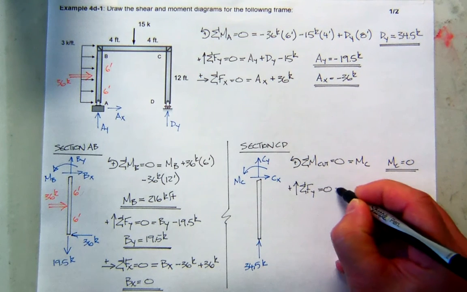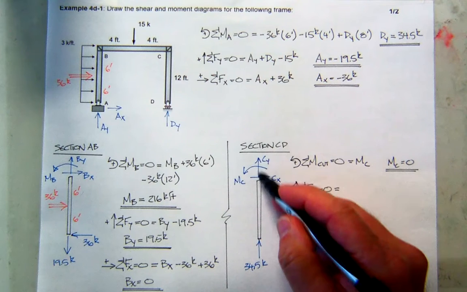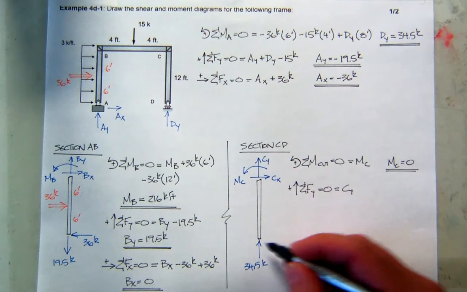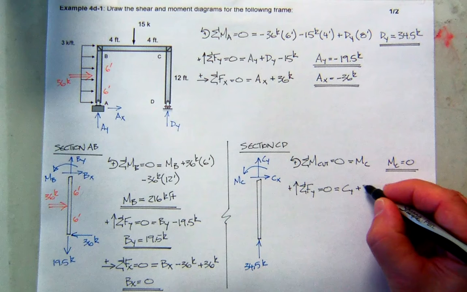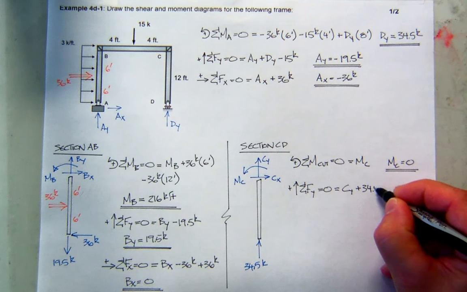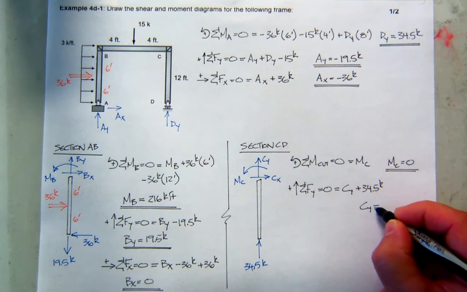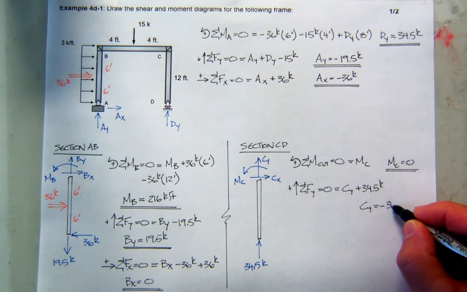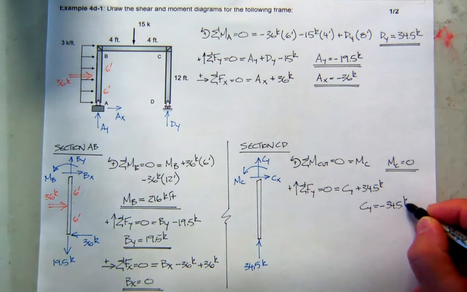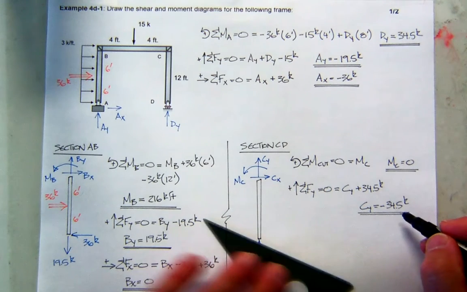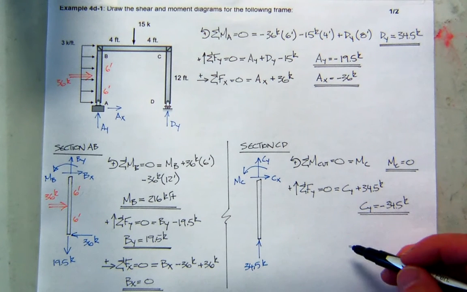So I'll sum forces in the Y direction. I got CY acting up. That's positive with my sign convention. And 34.5 is also up. So it looks like CY is negative 34.5 kips. So the section CD, is it in compression or tension? It's in compression.